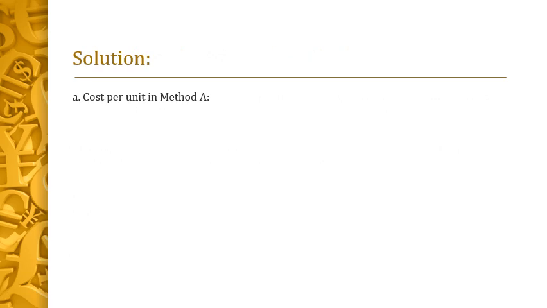Let's compute the cost per unit in method A. First, let's compute the cost per hour, which is equal to the cost of the crew per hour plus the cost of the rejects per hour, which is equal to, for the cost of crew, 30 pesos per hour per man times 3 men.